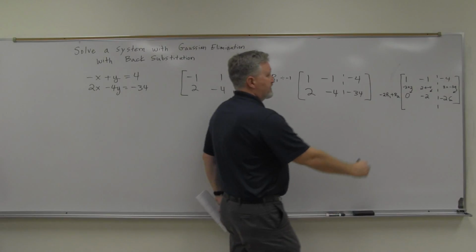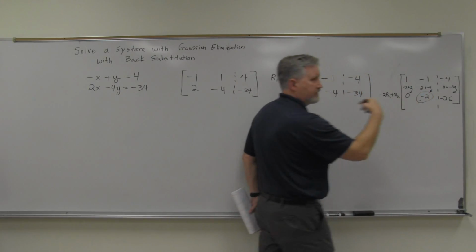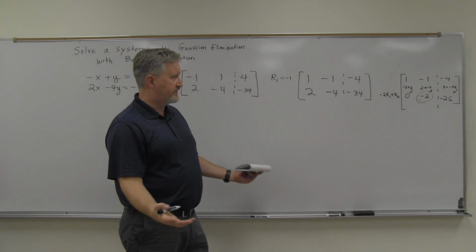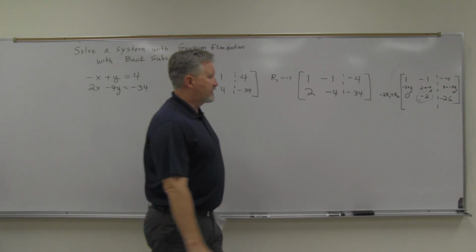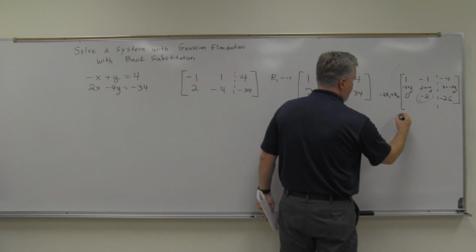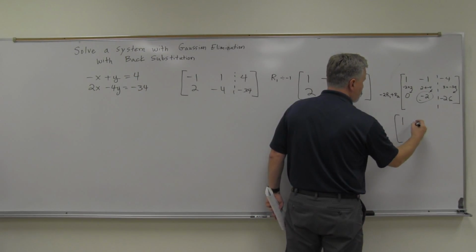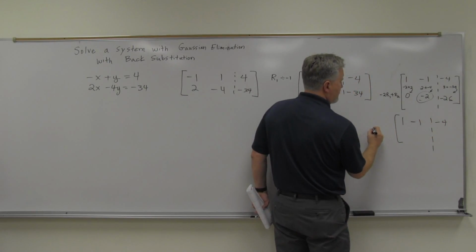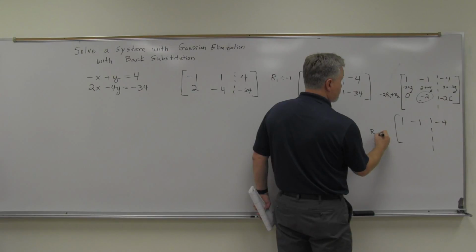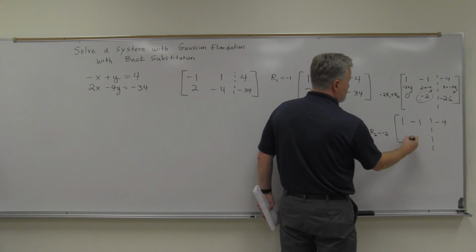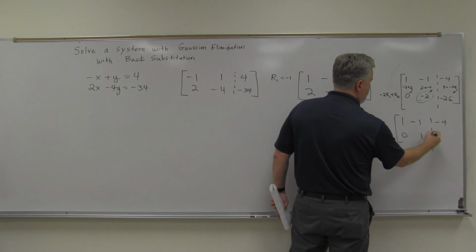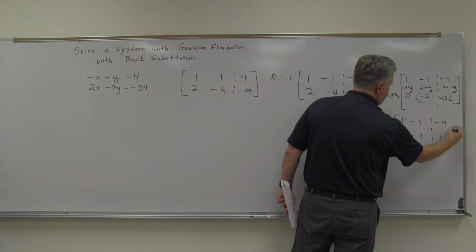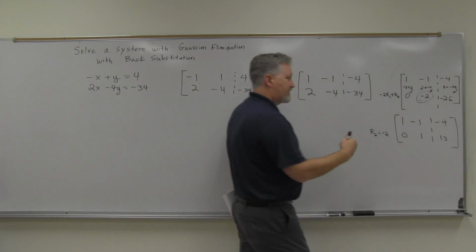And then last but not least, like we said, we want this to be a positive 1, and so to finish off the Gaussian elimination, that part of it anyway, we're just going to divide row 2 by negative 2. So that'd be 0, 1, and dividing negative 26 by negative 2, you get 13.